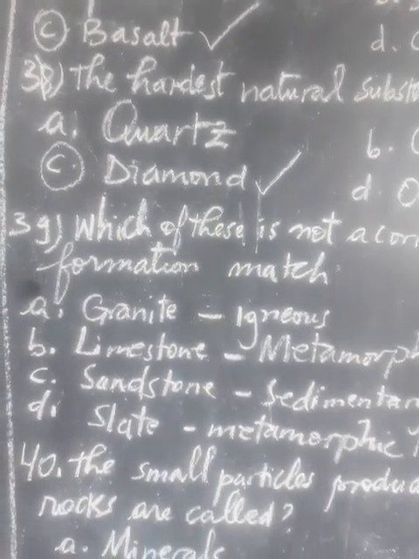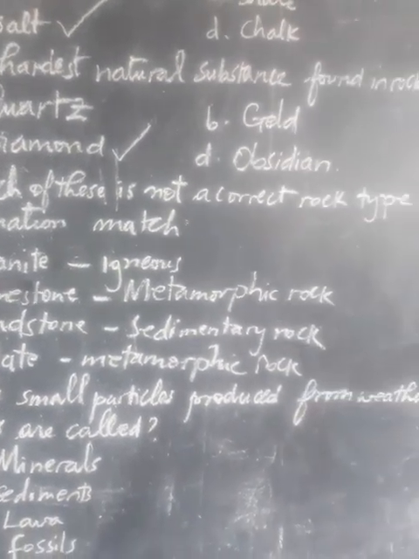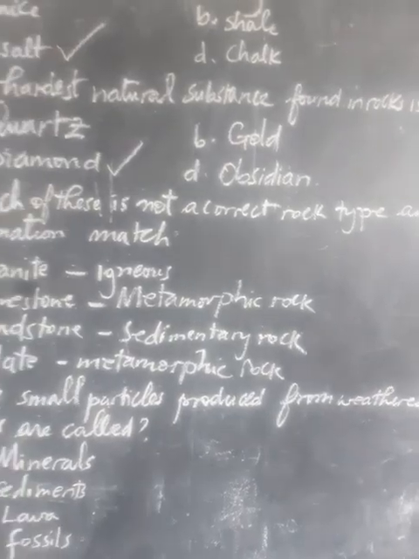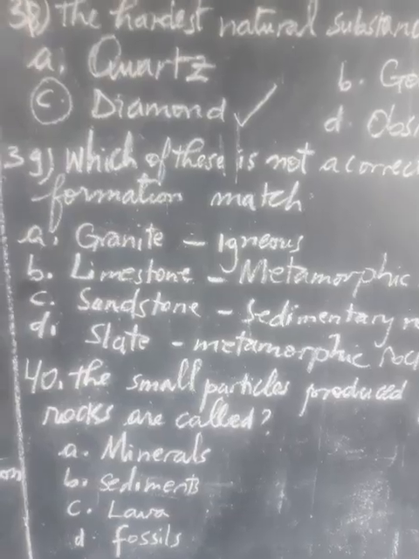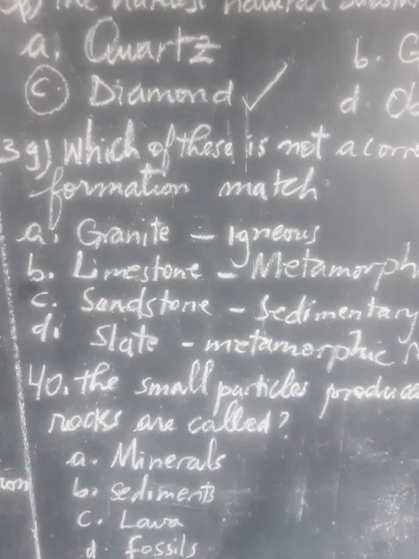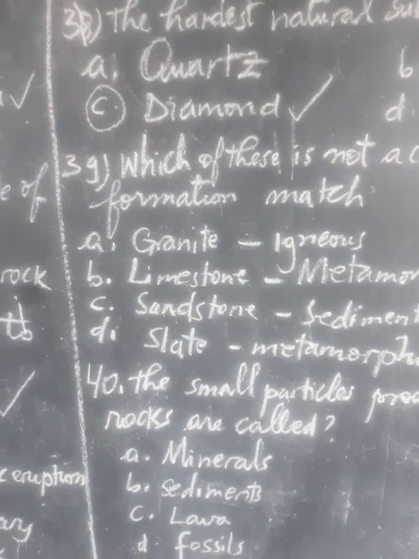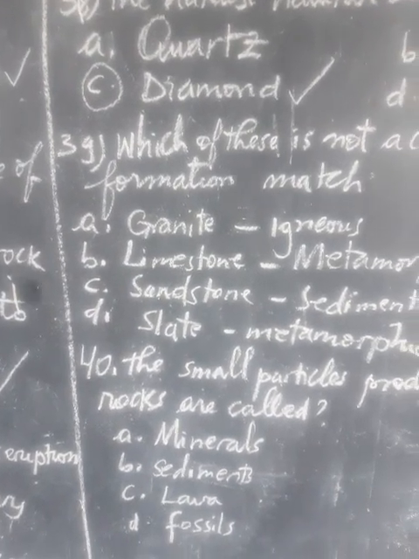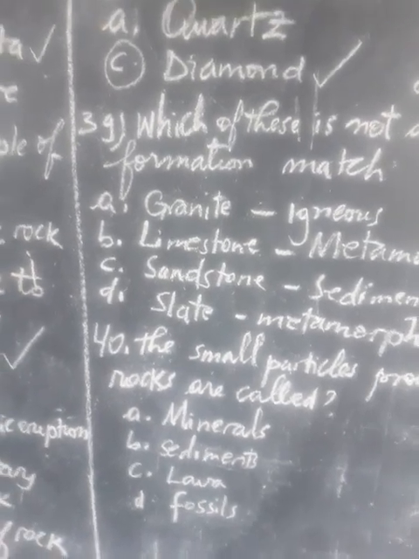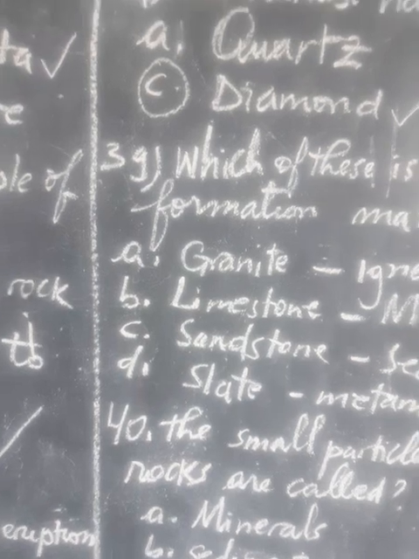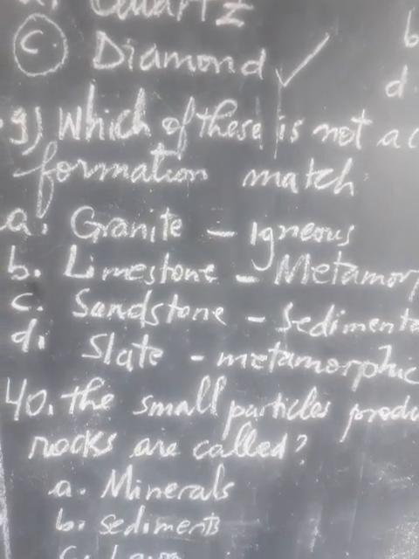Then let's go to question number 39. Which of the following is not a correct rock type and formation match? They give us different types of rock and different examples that we need to match. So they want us to choose which example is not matching its type correctly. A. Granite is an example of igneous rock, correct.